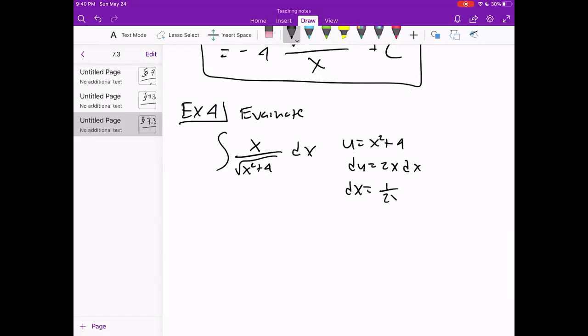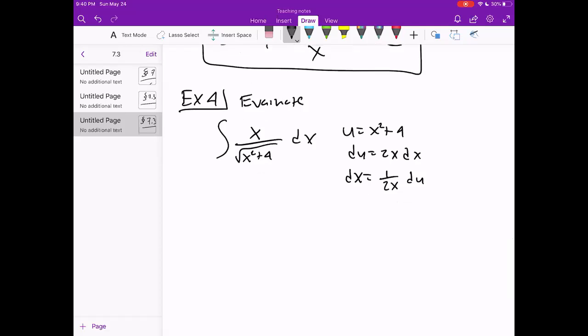So I use u equals x squared plus 4, du is 2x dx, which gives me dx is 1 over 2x du. However you do these u substitutions is fine. So this x stays the same up top. The square root of x squared plus 4 is now square root of u. dx is 1 over 2x du.